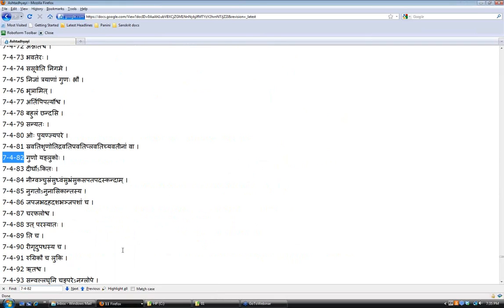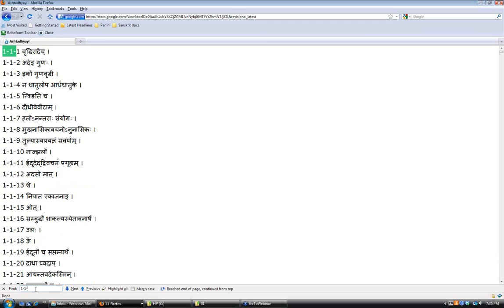A very simple sutram, along with the paribhasha sutram, Iko Guna Vriddhi. When Panini says guna, and the sthani is not specified, sthani nirdesha nasti chet, ik comes there. So guna vidhanam or vriddhi vidhanam, if the sthani is not stated generally, ik alone is the sthani. Iko Guna Vriddhi.